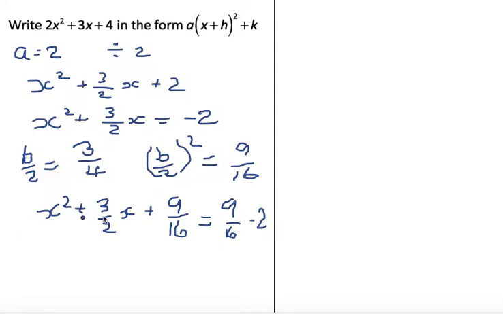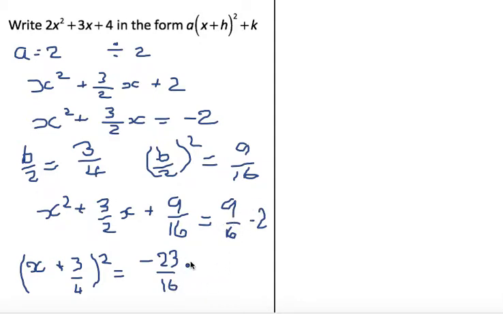Okay, this side will always factorize, if you remember, into x plus b over 2, squared. Nice. And on the other side, I'm going to do 9 take away 32, which gives me negative 23 over 16.